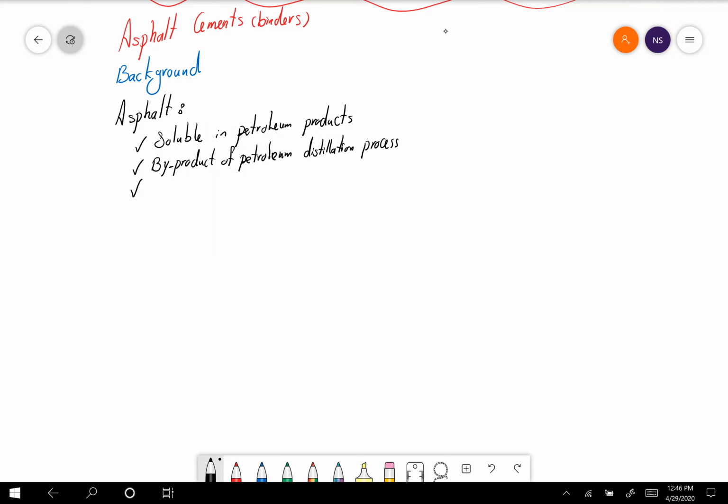And in some cases, it can be naturally occurring, so you can have natural asphalt.